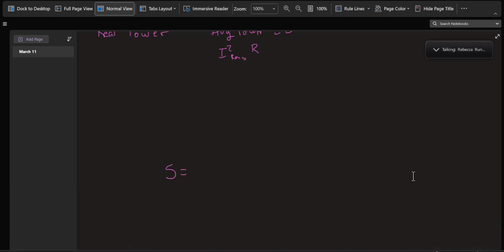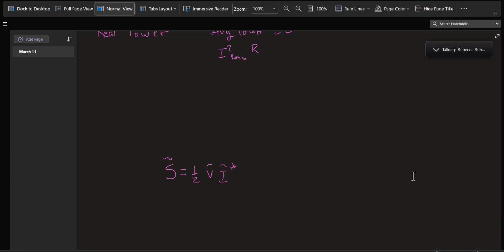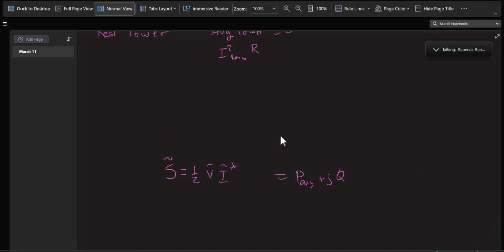So I like to use this one, that the complex power is 1/2 V complex voltage, complex current conjugate. And then I know that that's going to equal P average plus JQ, and that way it's all in there. So that's usually what I do.